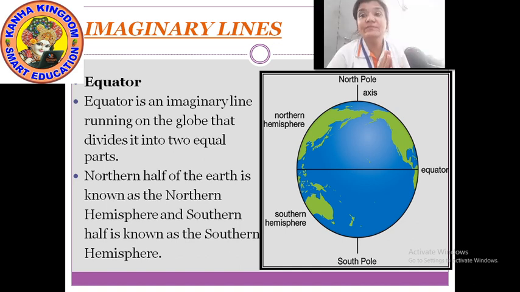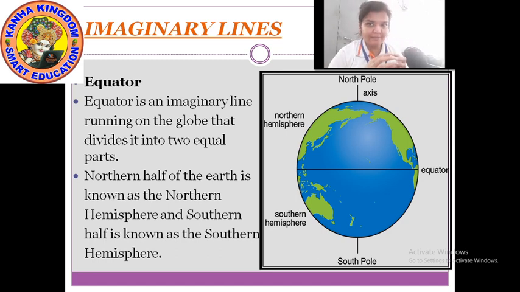Now our first imaginary line is the equator. Now before knowing about the equator, let me tell you something about the globe first. Now globe, it is the model of the earth. Right?